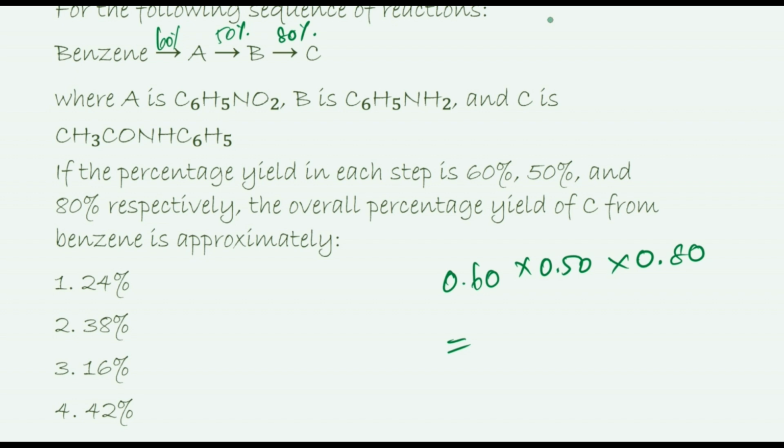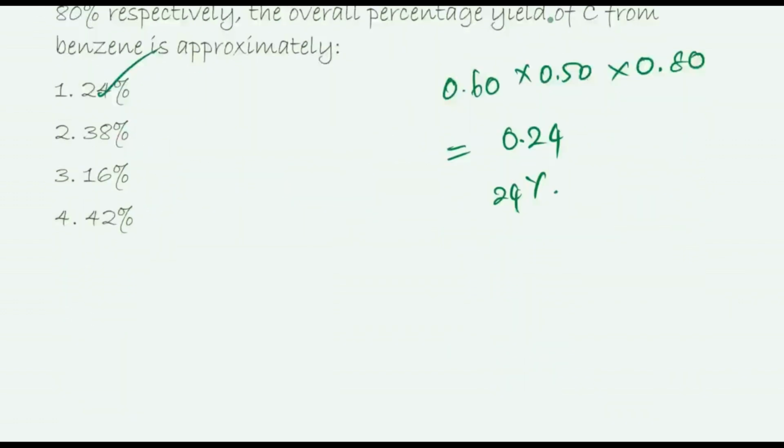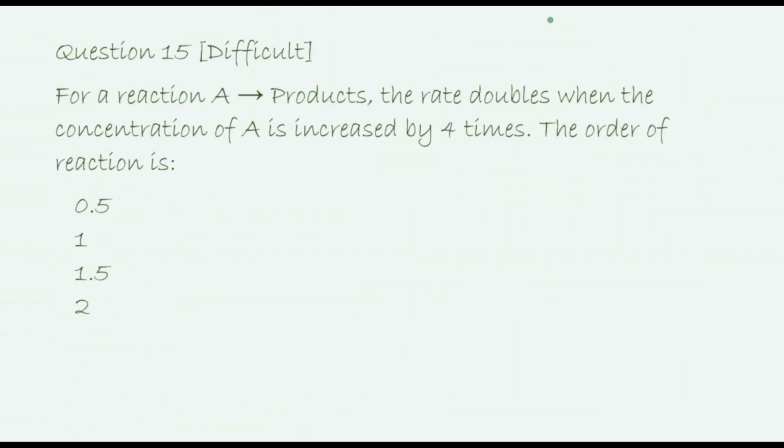So in total that will become 0.6 into 0.5 into 0.8, it is 0.24. That is 24%. So this is 24%. Option A is the right answer to this question.